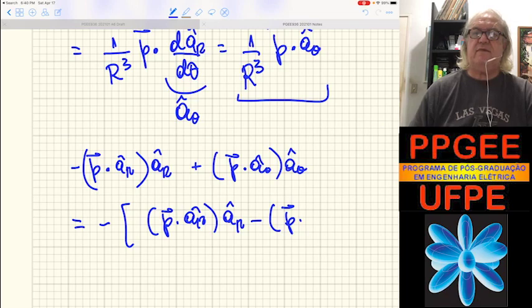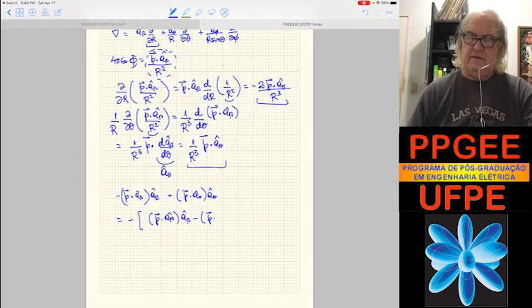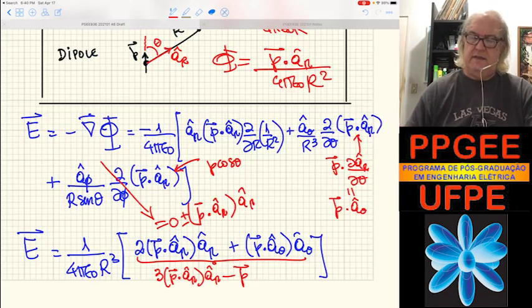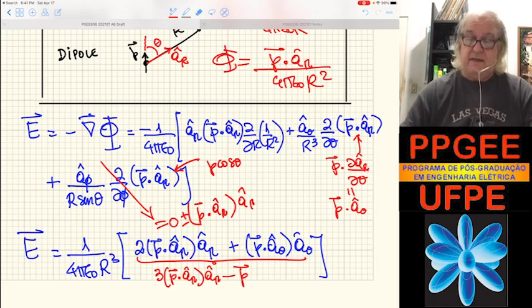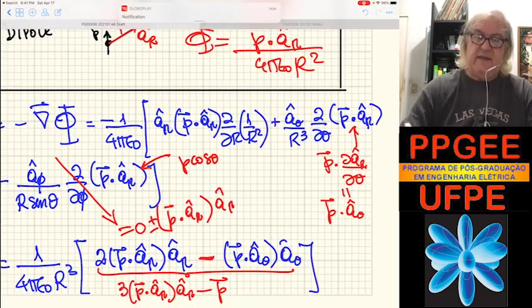I think there's some wrong sign here. Let me see my notes here. Oh, there's something wrong here. This is supposed to be, just fix that in your class note, this is supposed to be minus here, because we have this minus sign here.